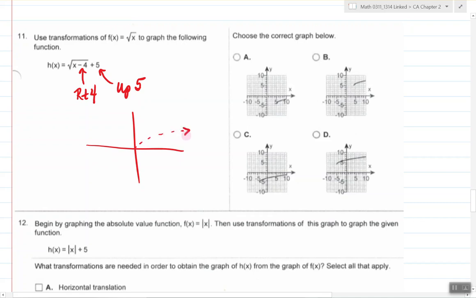It will go up 1, 2, 3, 4, 5. It will go right 1, 2, 3, 4. So right 4, up 5. This point is the same as this point, and then it does its branch. So I believe that is choice B.